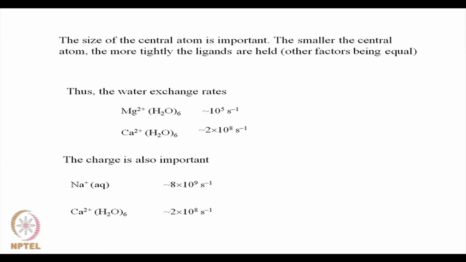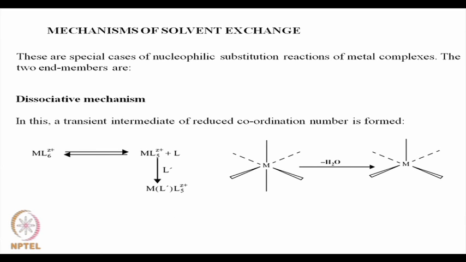And how this changes, factors like charge and also size are important, and the mechanisms could be dissociative or associative, and that can be well judged with thermodynamic parameters like these activation parameters.